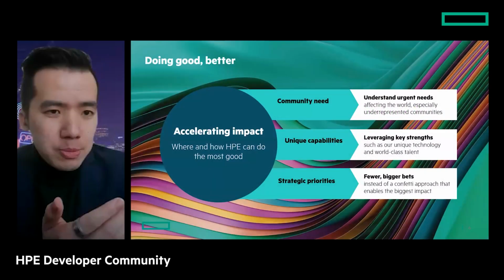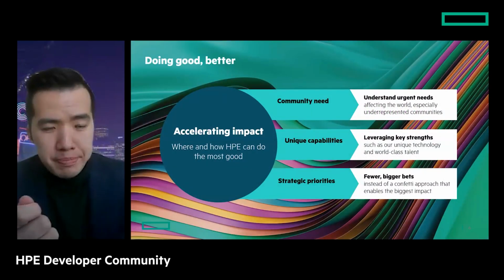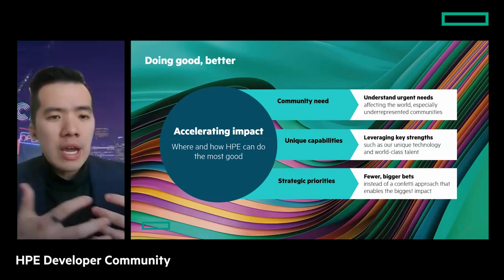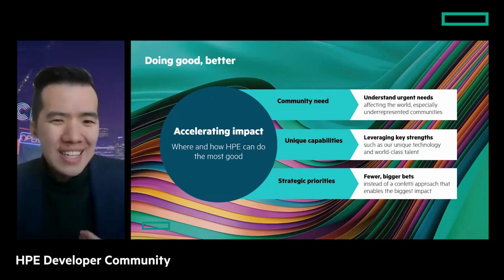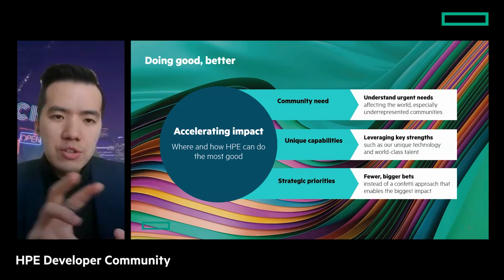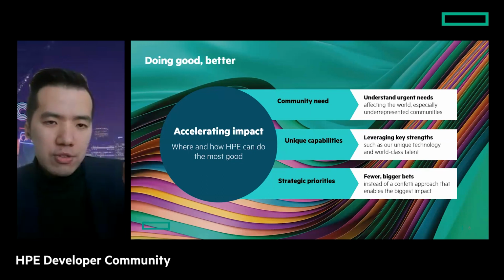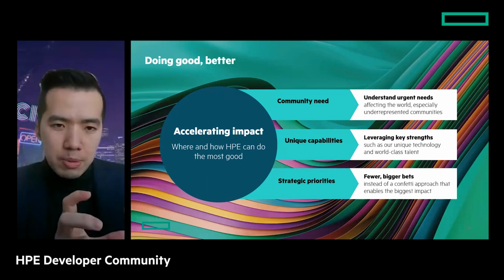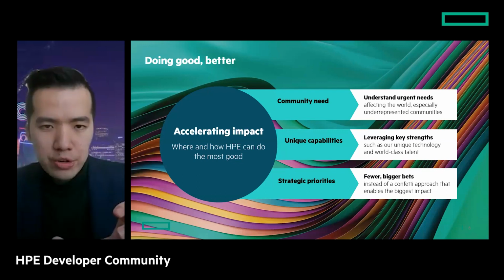And so here at Hewlett Packard Enterprise, we're trying to do good better, right? We're trying to see where and how we can do the most good in accelerating impact, in advancing the way that people live and work. And for us, we take a look at the intersection of three issues: the intersection of community need with our unique capabilities and strategic priorities.